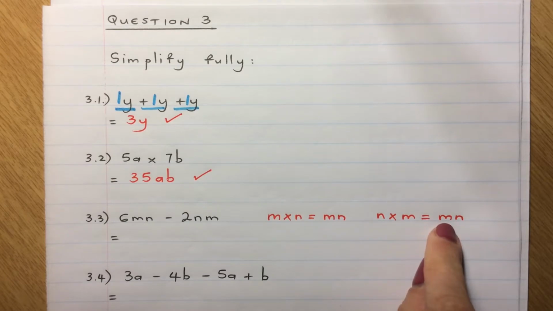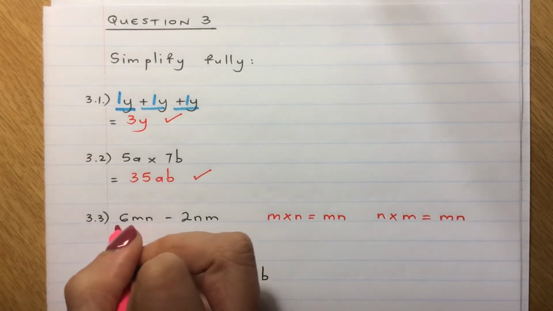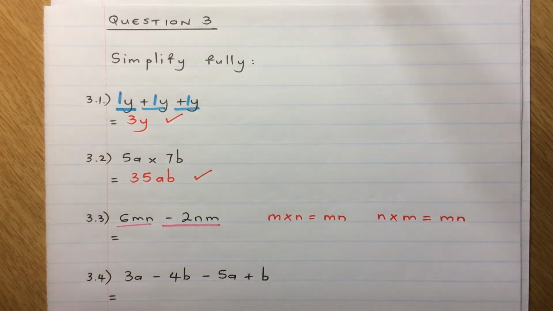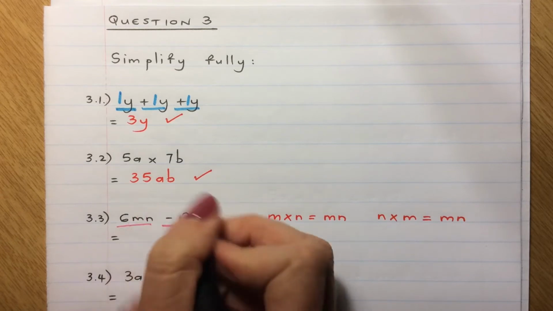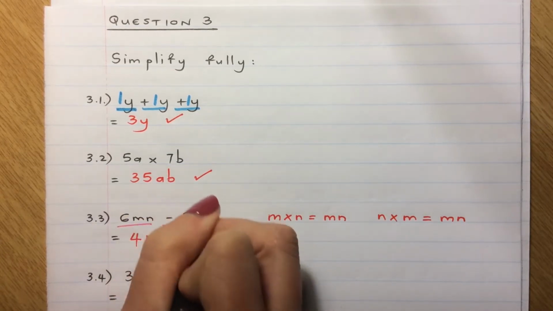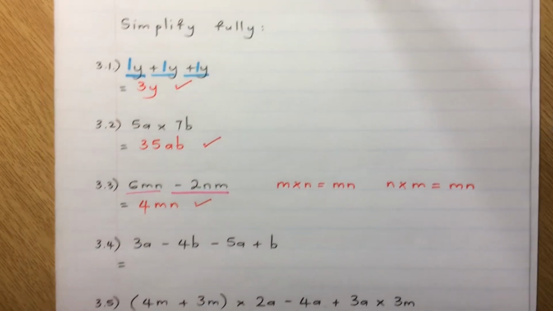So really they are the same. They're like terms, okay? So I've got 6mn minus 2nm. It's telling me what to do with the 2. 6 minus 2 is 4mn for 1 mark.